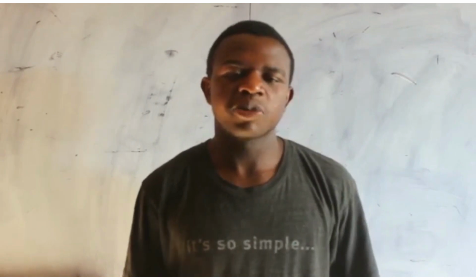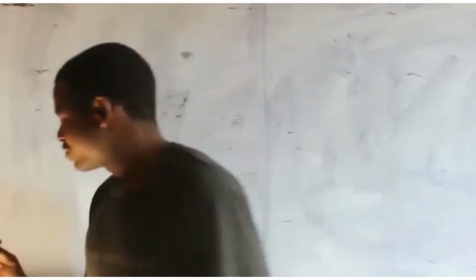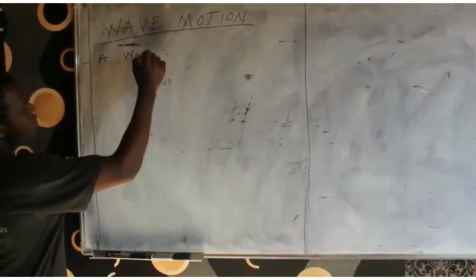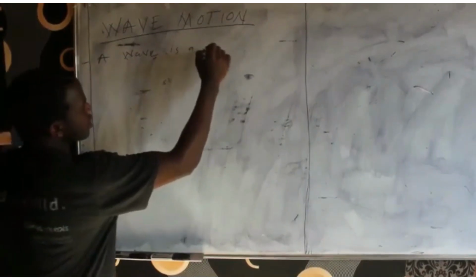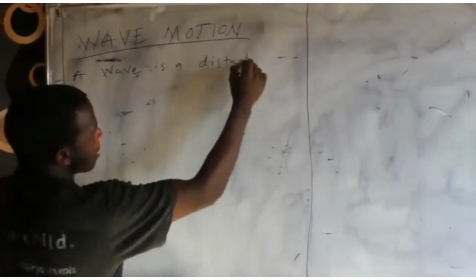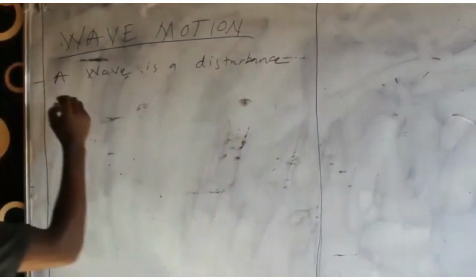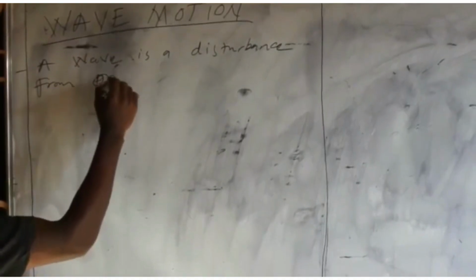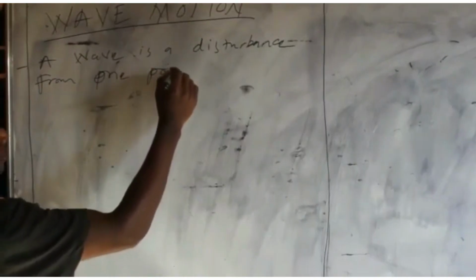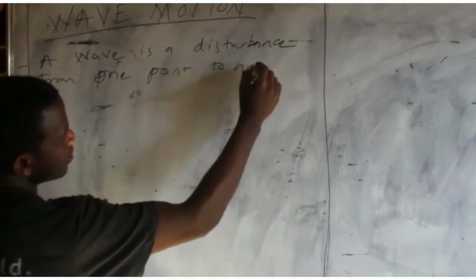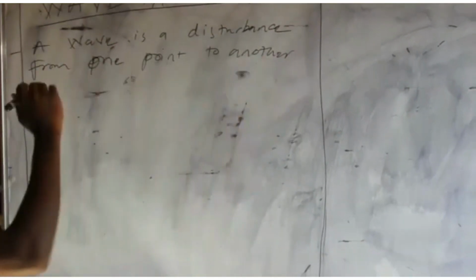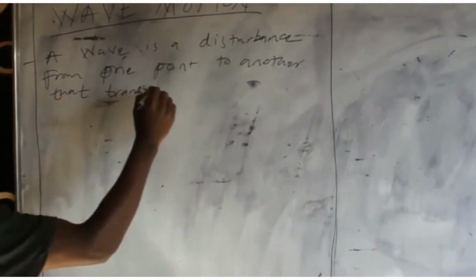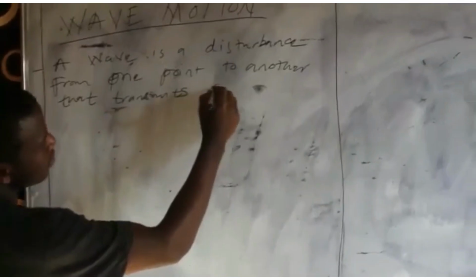So let me just write these points on the whiteboard. I've said the definition of the wave. A wave is a disturbance from one point to another that transmits energy.